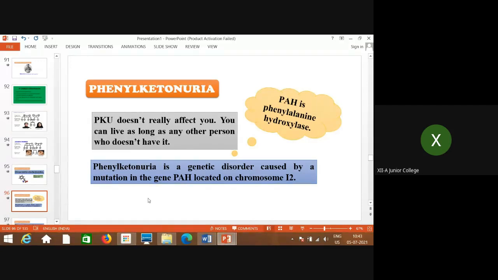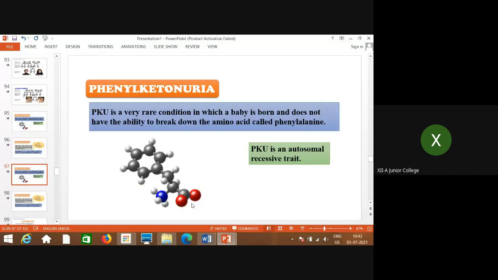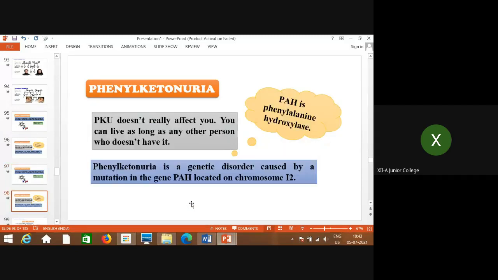PAH represents P for phenyl, A for alanine, H for hydroxylase. This gene is responsible for the production of the enzyme called phenylalanine hydroxylase. Now, what is the role of this enzyme? This is a very rare condition in which a baby is born and does not have the ability to break down the amino acid called phenylalanine, which is an autosomal recessive trait. Just remember, this is an autosomal recessive trait.